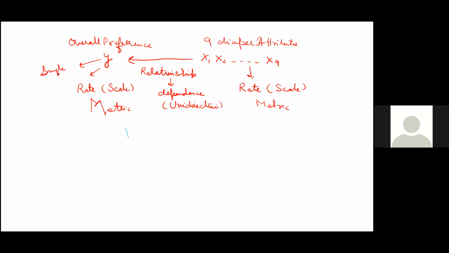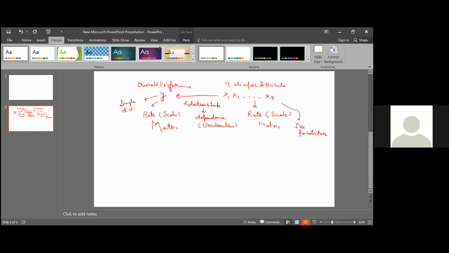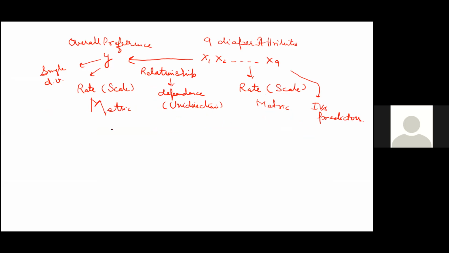Right? So the dependent variable is single, and these variables may be termed as independent variables or predictors. Okay. Right. So this is the scenario.